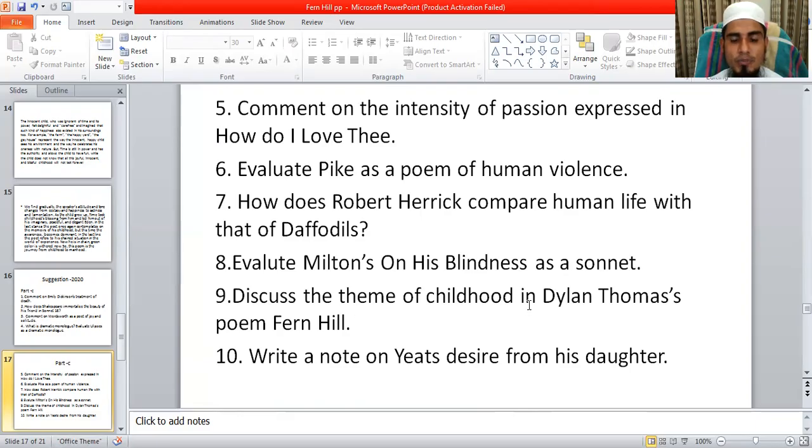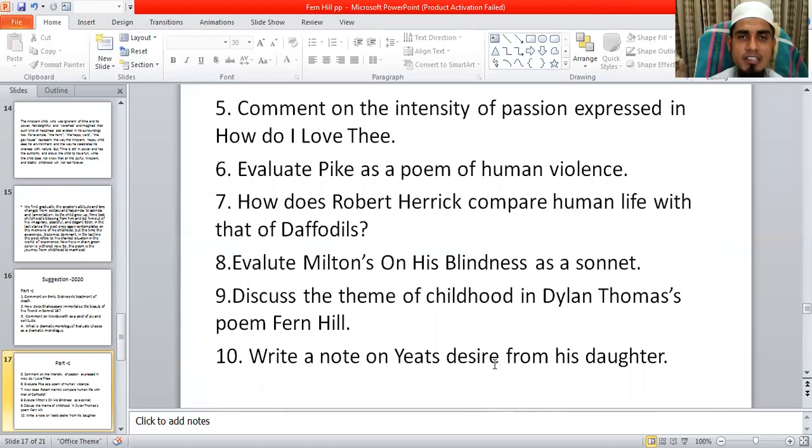Discuss the theme of childhood in Dylan Thomas's poem Fern Hill. This is also very important. Then the last question: write a note on Yeats' desire for his daughter.